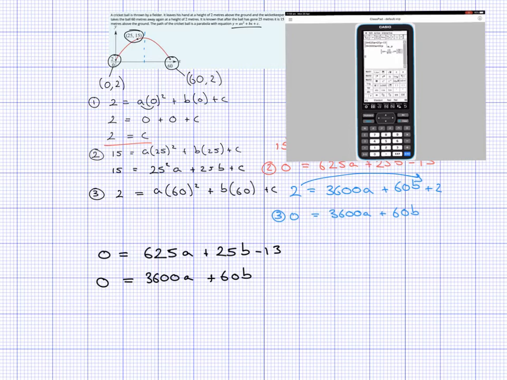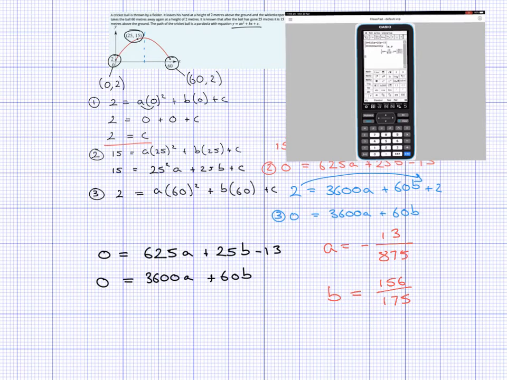So we can see here that the calculator has told me that a equals negative 13 over 875 and b equals 156 over 175. Checking your values in the textbook, those are the right values.